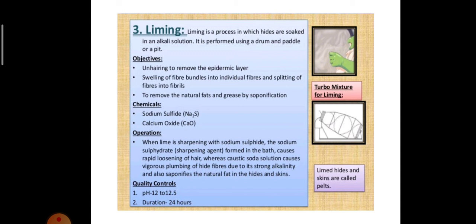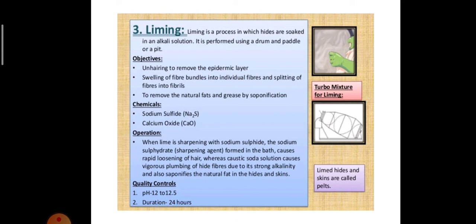Automatically, if it is soaked, the hairs become very loose, whereas the caustic soda solution causes vigorous plumping of hide fibers due to strong alkalinity, and also saponifies the natural fat in the hides and skin. Automatically what will happen? The hairs become very loose, and the vigorous plumping effect will take place.